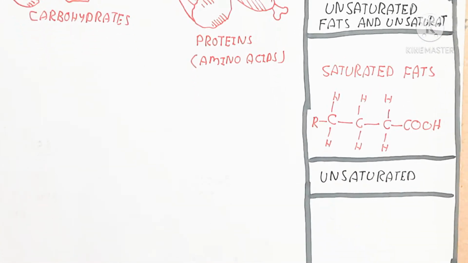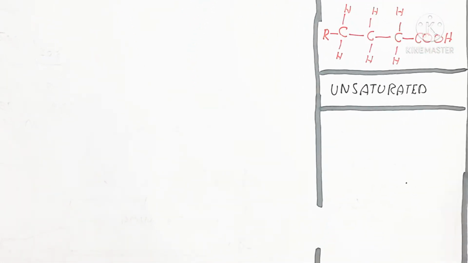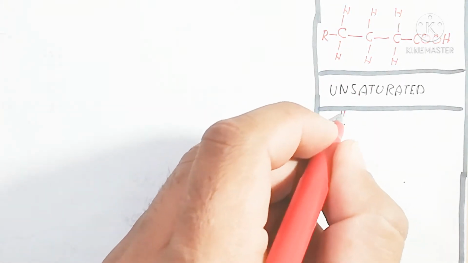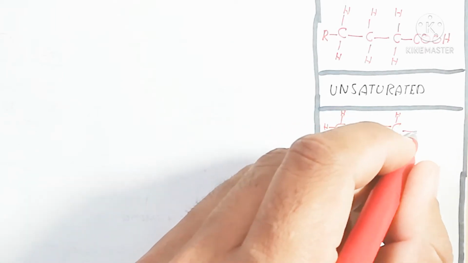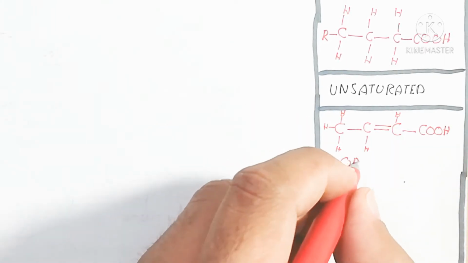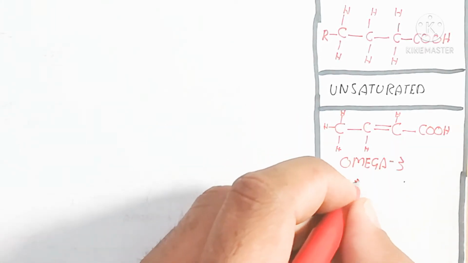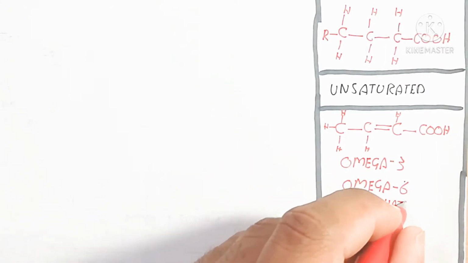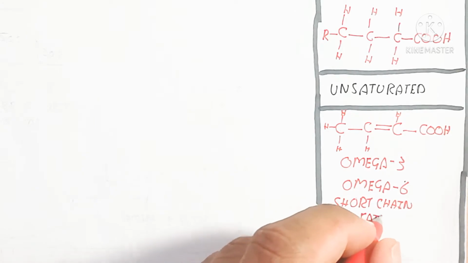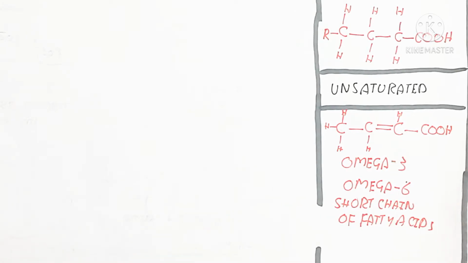Saturated fats contain a carboxylic group, which makes them fatty acids. Fatty acid means an acidic medium is created in the blood. The unsaturated fatty acid contains a double bond.